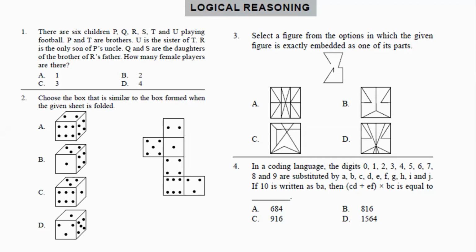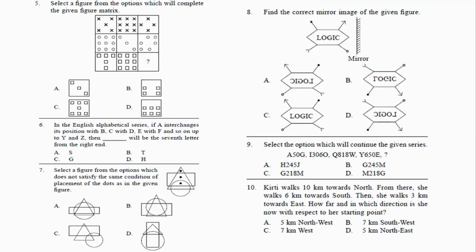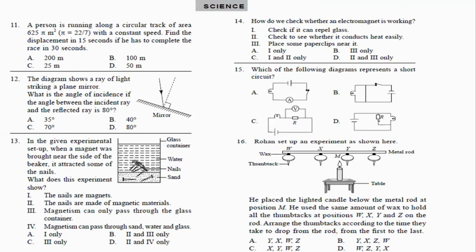Okay, so let's start. As you can see the question paper that we have come up with, in this sample paper, we have 3 sections. The first section is the logical reasoning. The second section is the questions from science. And the last section is questions from achievers section.